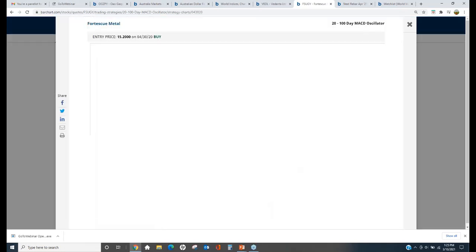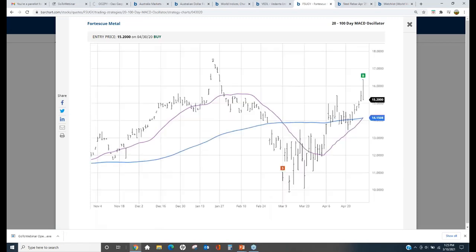I'll just show you that chart real quickly. You can see that the 20-day moving average turned right around the beginning of April, but when it crossed the 100, that was when the buy signal was created. So you can see that it took from the beginning of April to the end of April for the indicator to become a buy signal.